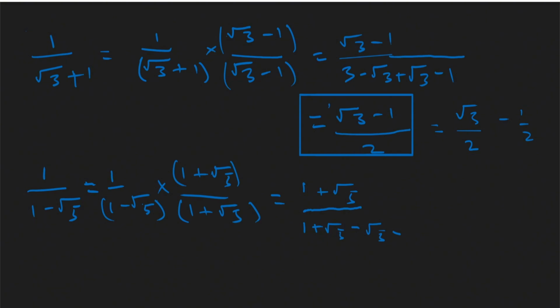The square is going to cancel the square root, so that will give us 5, which is 1 plus root 5 over root 5 minus root 5 is 0. 1 minus 5 is negative 4. That's it. And that's our final answer.